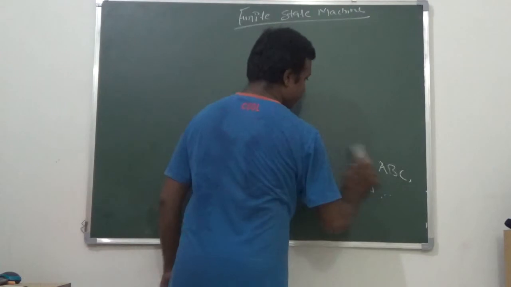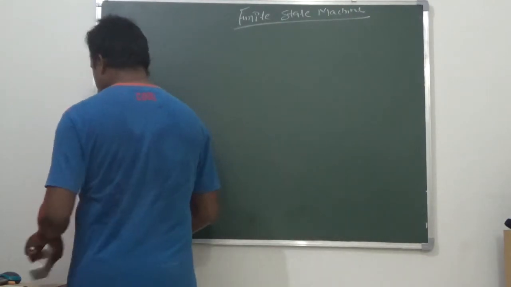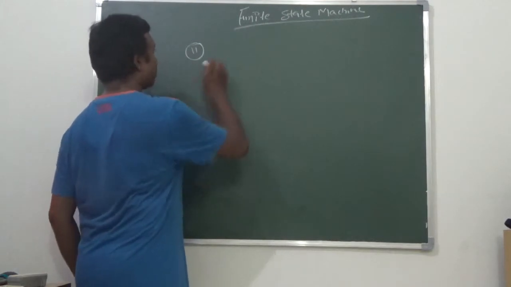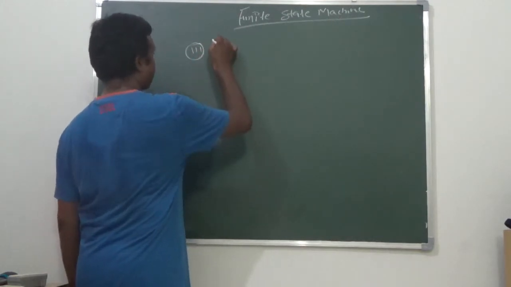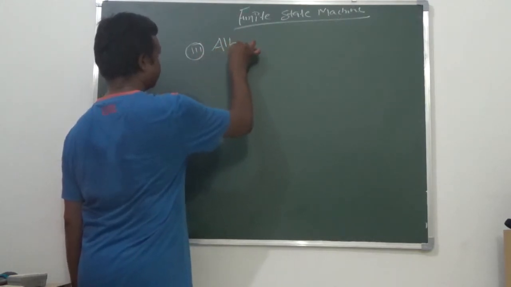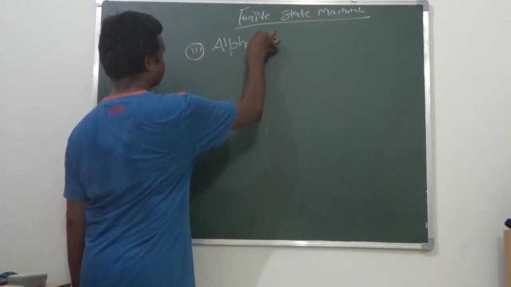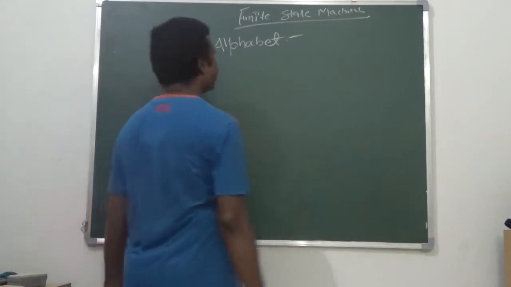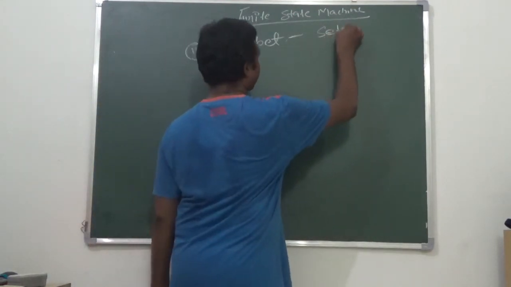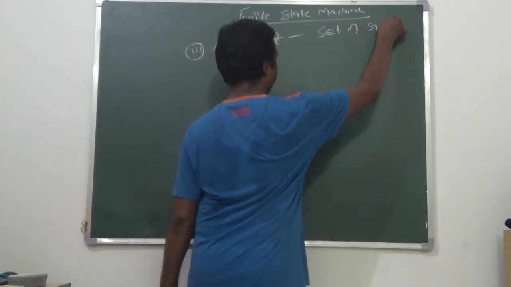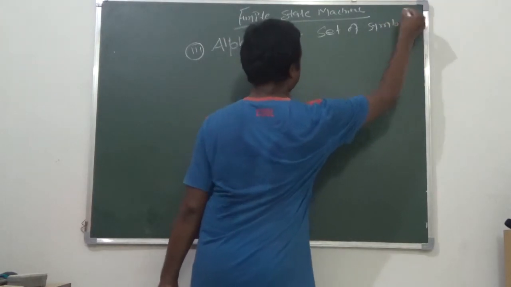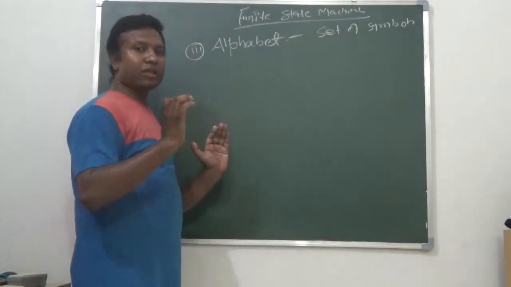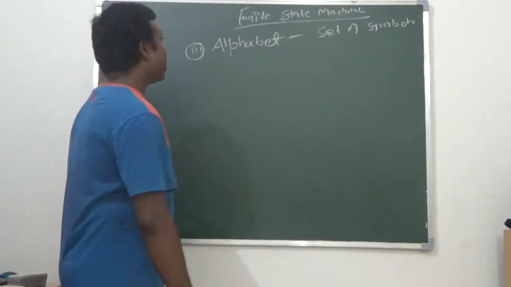Third definition which I require here is the alphabet. So what is an alphabet? An alphabet is nothing but a set of symbols. If we have some symbols and we take them in one set, then it is called an alphabet.